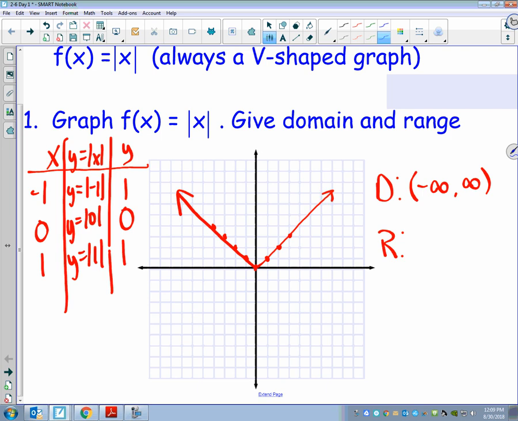So the lowest y value is right here, which would be 0, and then going up forever. So I'm going to say 0 to infinity. Or if you like set notation, you have to say y, because range is y's, and it's everything greater than or equal to 0. So you can do either one of those. I like that notation. But you need to know absolute value.